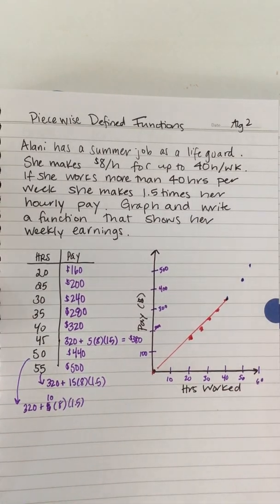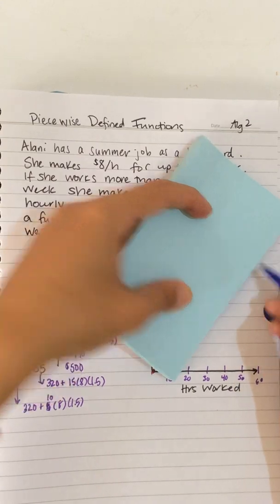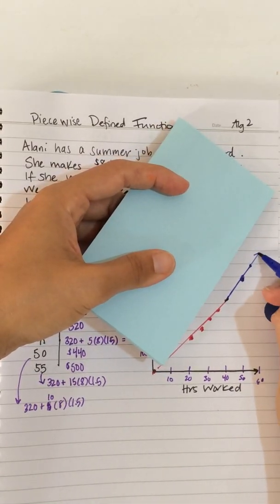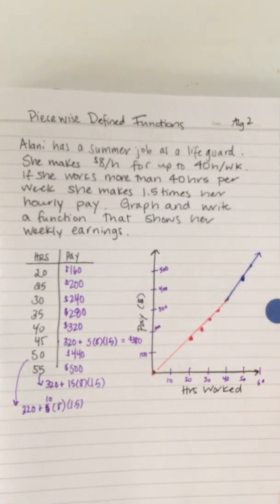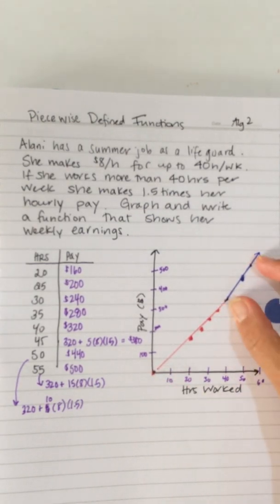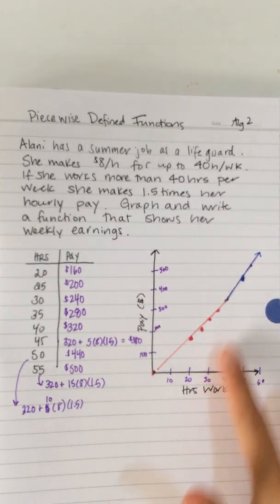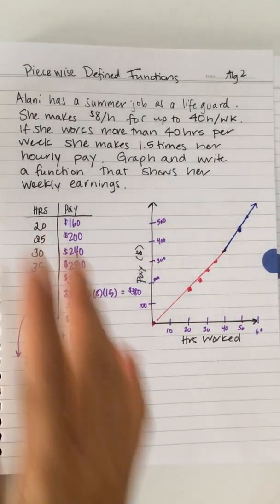It's still a linear function because it's growing by a constant rate, it's just that the slope is getting a little steeper because she gets paid more for every hour after 40. So this is what we call a piecewise function, because the rule for this part of the function when x is less than 40 is different from the rule for this part when x is greater than 40.